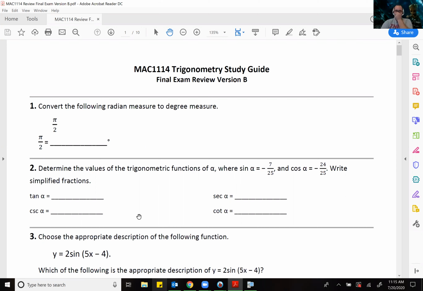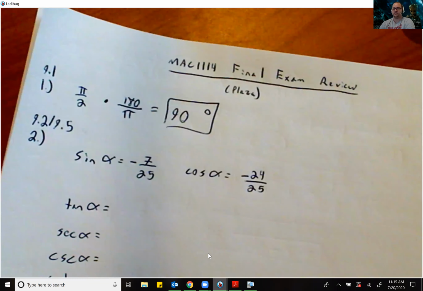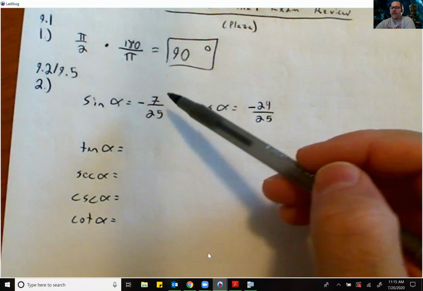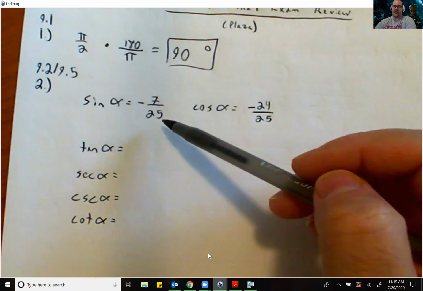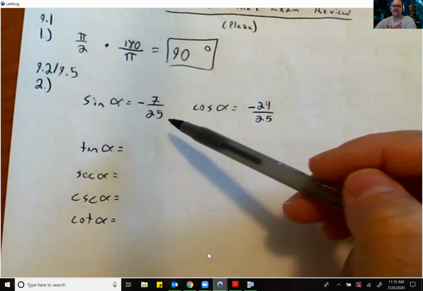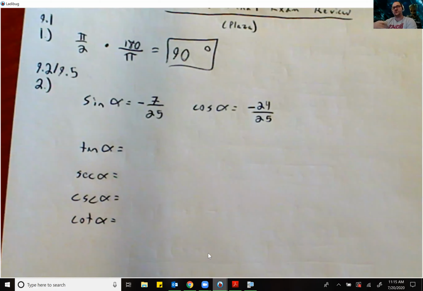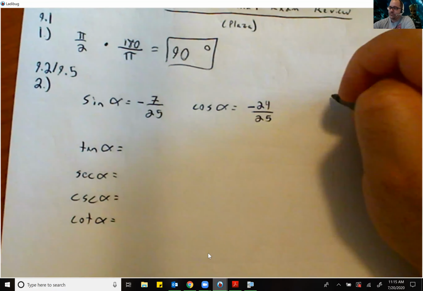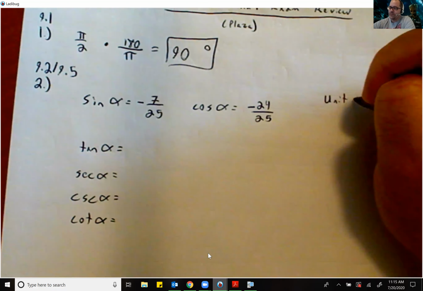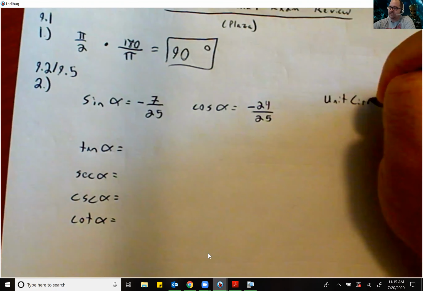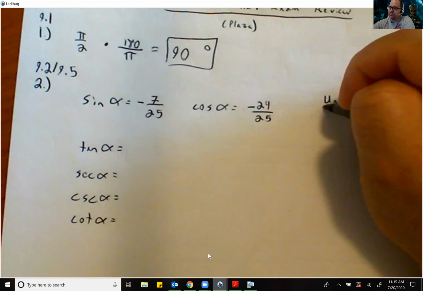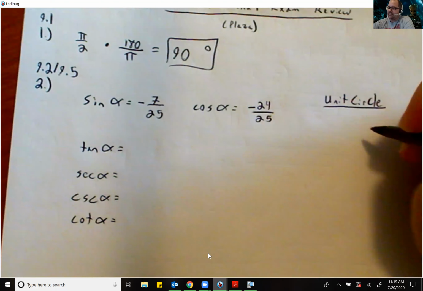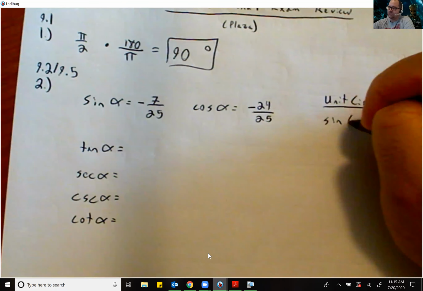A couple things when we look at this. Remember, how is sine made? If you're thinking about this as the unit circle, which is what we learned about in 9.2, sine of whatever our angle is y.